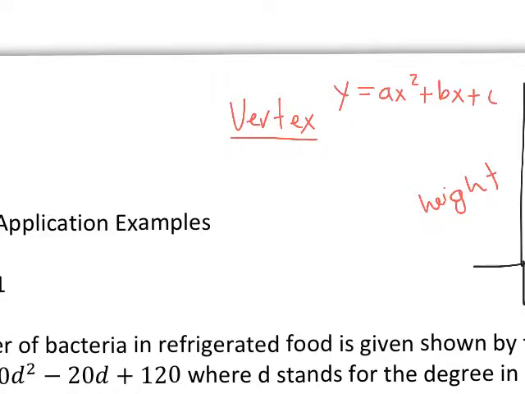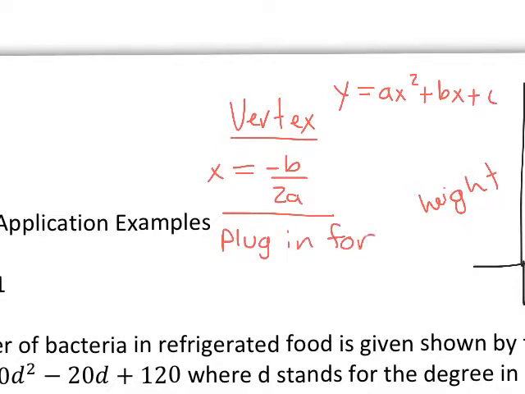And when we are trying to find the vertex, the x value of the vertex is always going to be negative b over 2a. So we're using this a value and this b value, so the number in front of x squared is a, the number in front of x is b. And then once we find the x value of the vertex, then we are just going to plug in for y. Okay, so that's vertex.